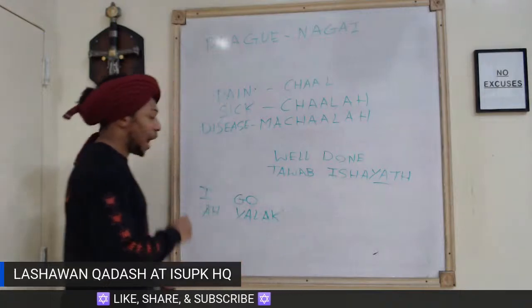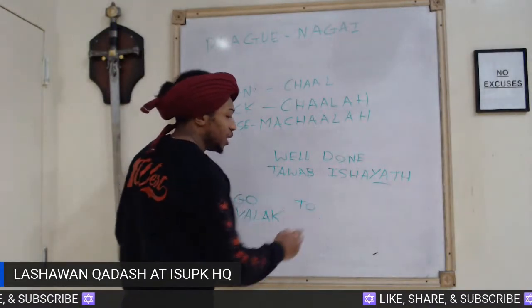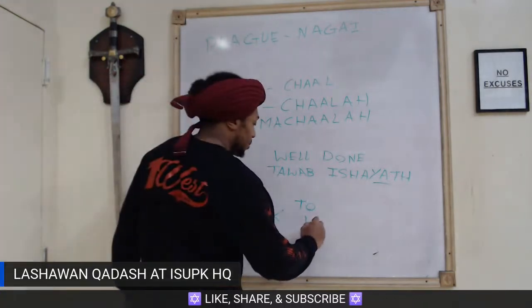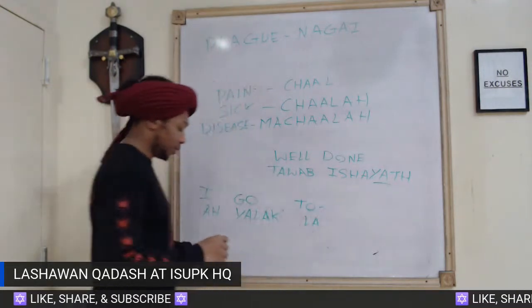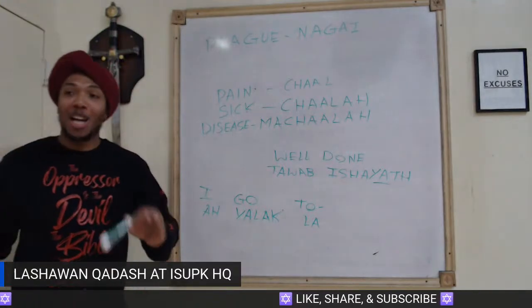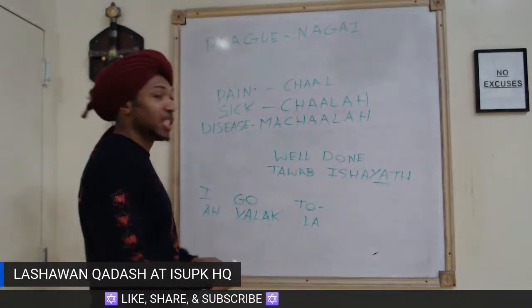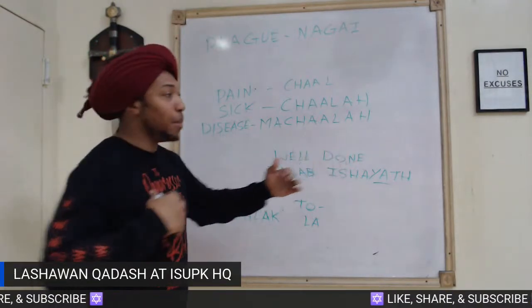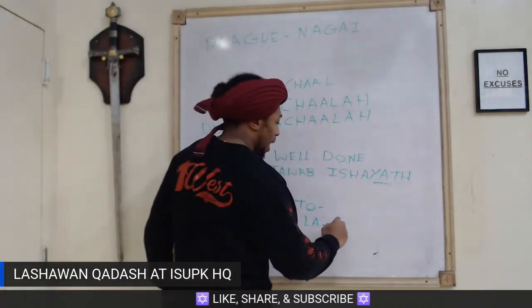Okay. I go to. How we say to in Hebrew? La. Very good. La. How do we say work? This is not gonna be the I shot this time. Okay. It's not good. You're correct, but this is not work as in I'm doing this thing. It's gonna be mala'ak.